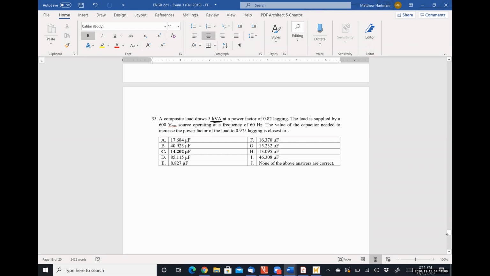Reactive power is measured in VARs, apparent power is measured in volt amperes, and average power is measured in good old watts. So from this, we have enough information to calculate S old. It's going to be 5 with an angle of inverse cosine 0.82.